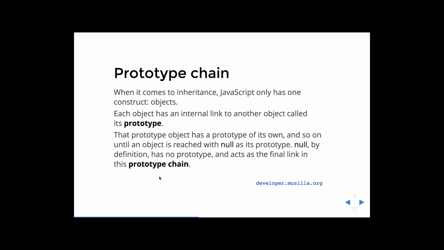Inheritance in JavaScript. Well, we know JavaScript is an object-full language. So when it comes to inheritance, it only has one construct, which is the object, and we don't have classes, at least not in JavaScript 5.